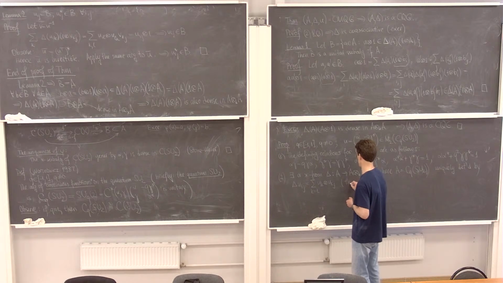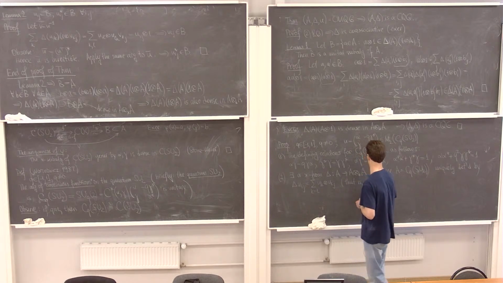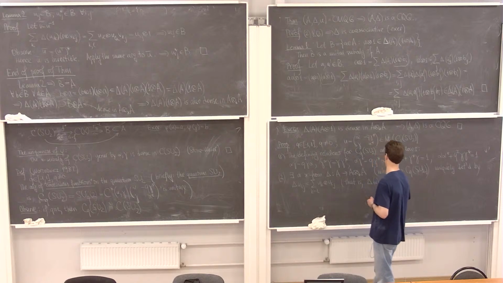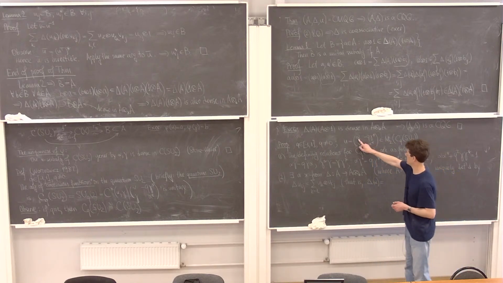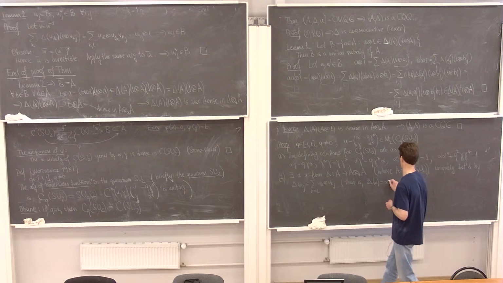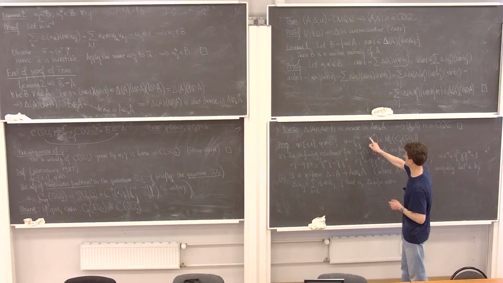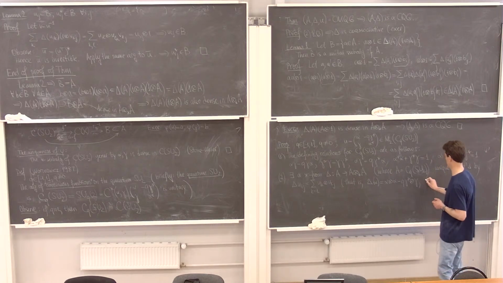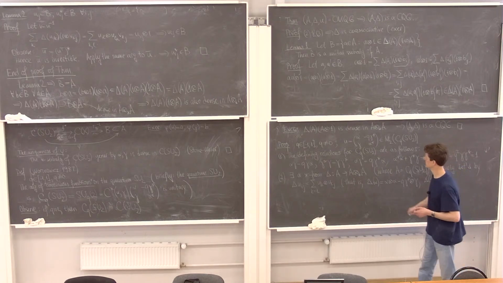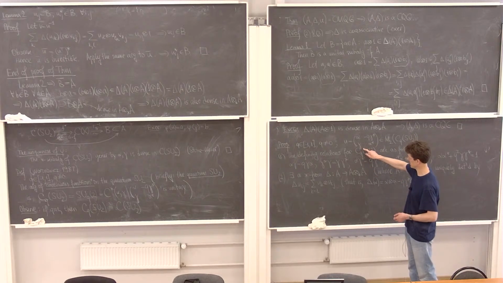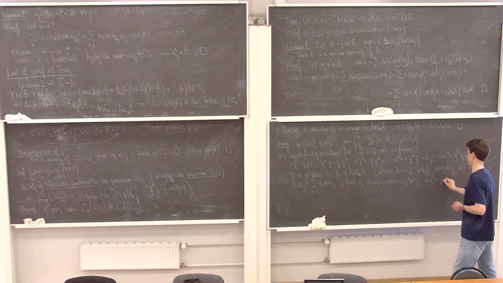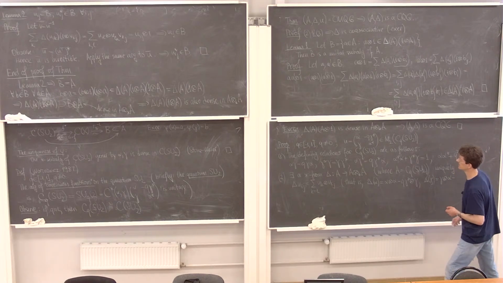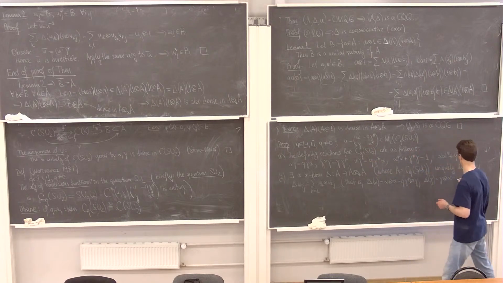So explicitly, this means that delta of alpha is alpha tensor alpha minus q gamma star tensor gamma. And delta of gamma, again by using the usual matrix multiplication, is gamma tensor alpha plus alpha star tensor gamma.